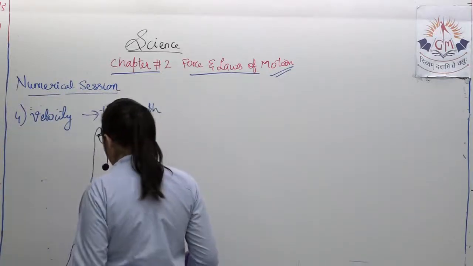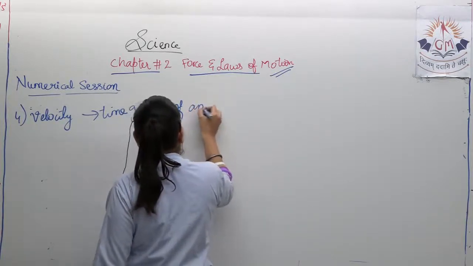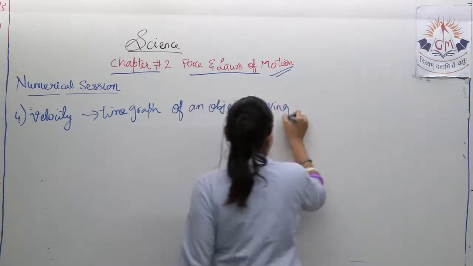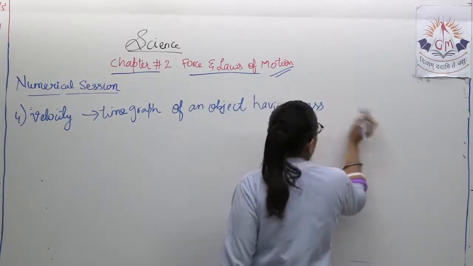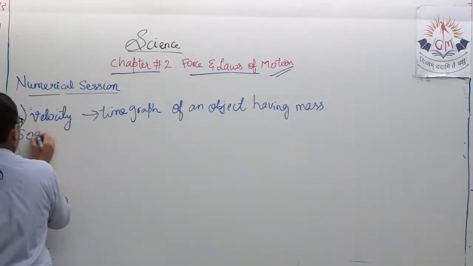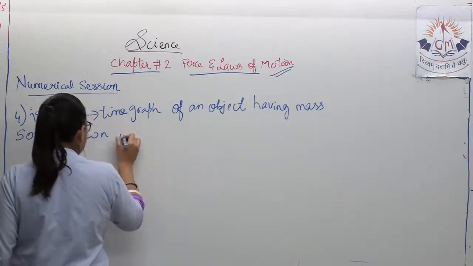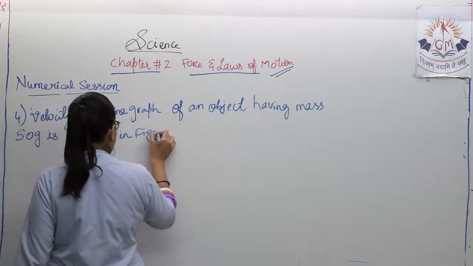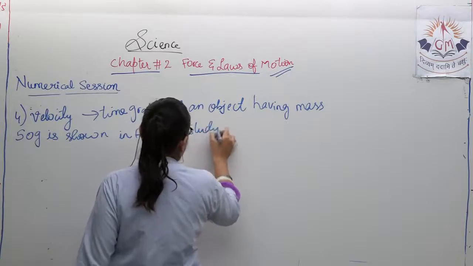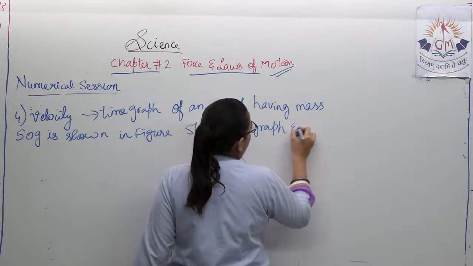Velocity versus time graph of an object having mass. I'll draw the graph over here. Having mass 50 gram is shown in figure. Study the graph and answer the following.